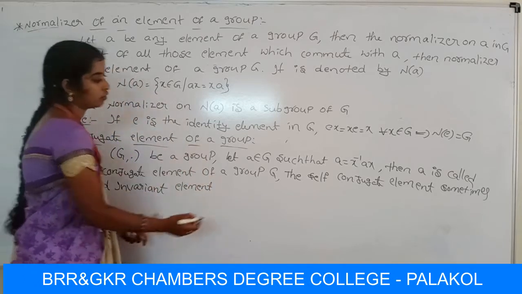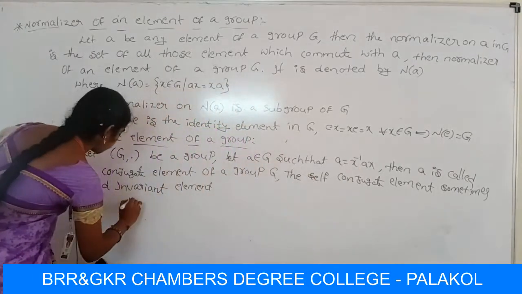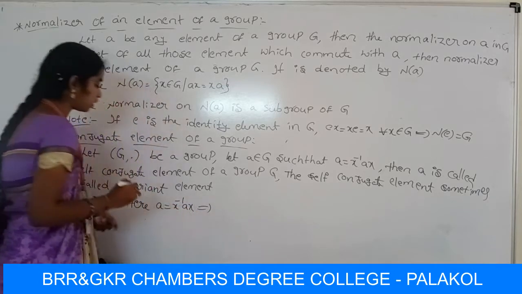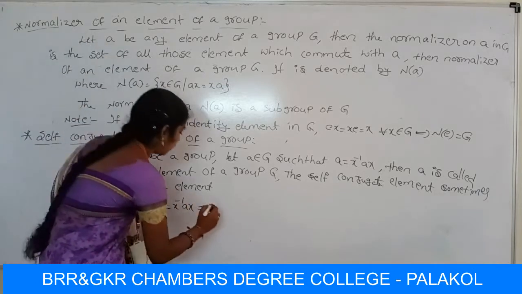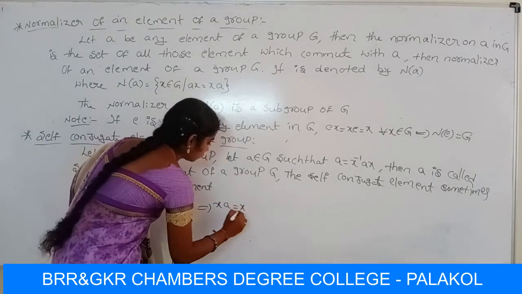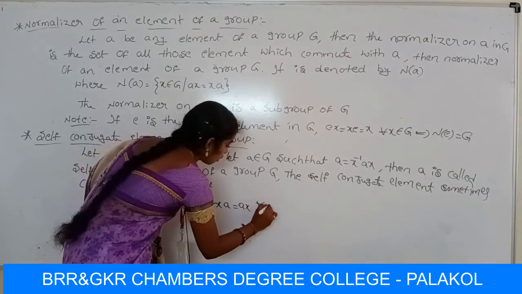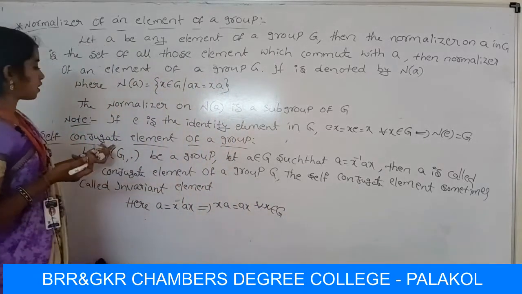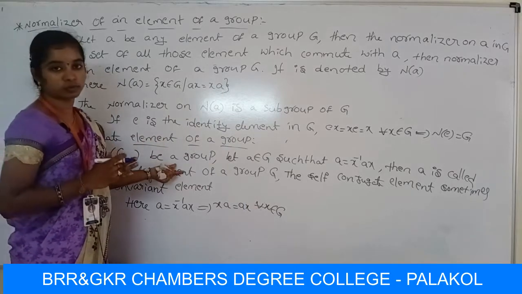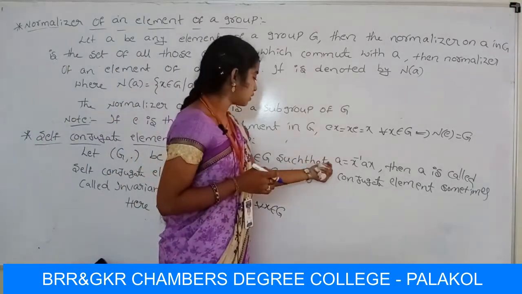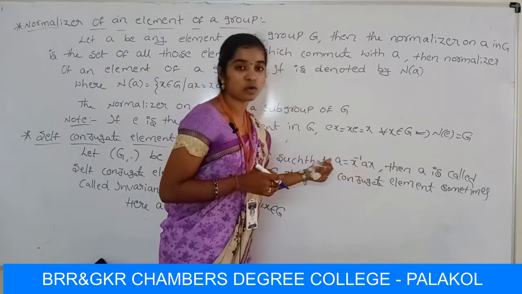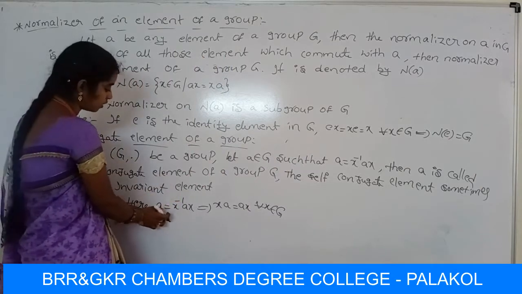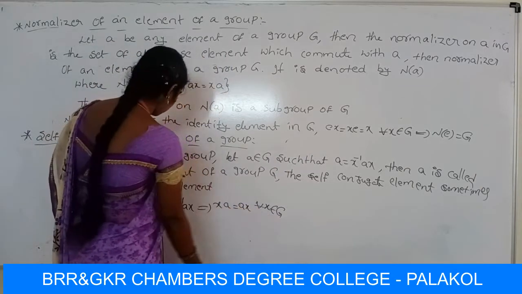So here A equal to x inverse ax can be written as xa equal to ax for all x belongs to Z.